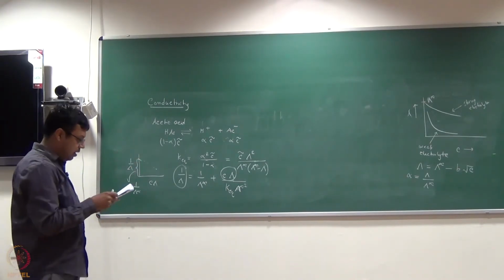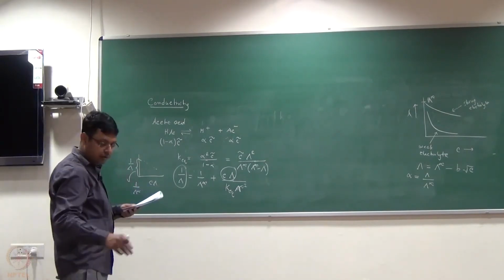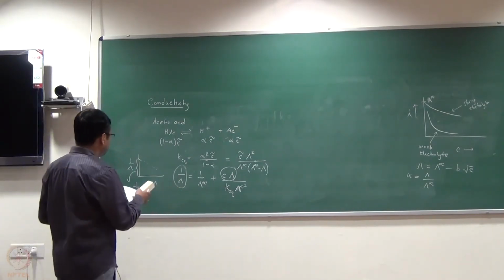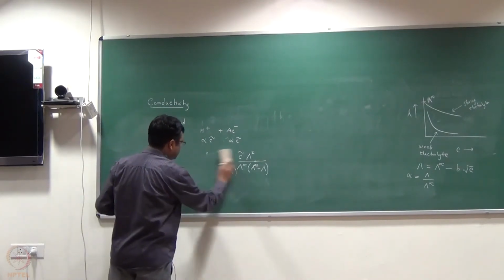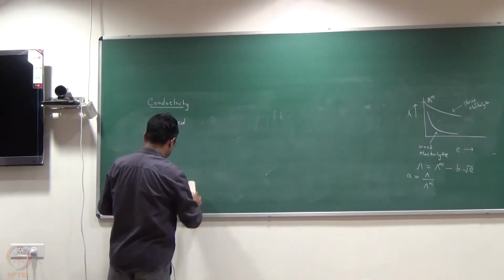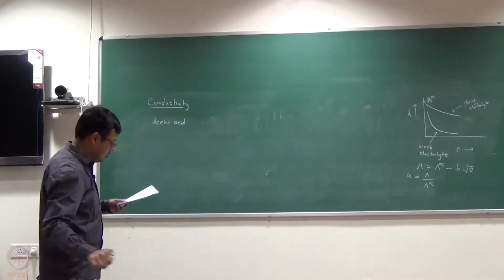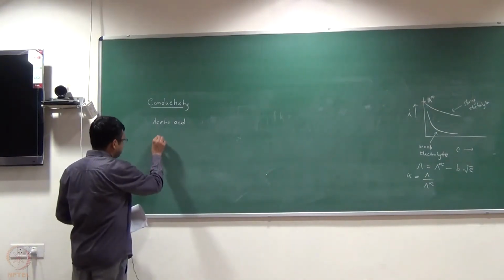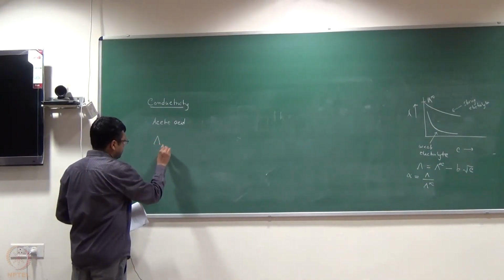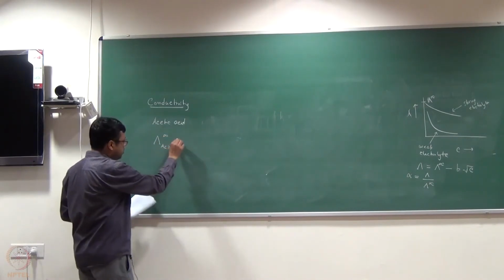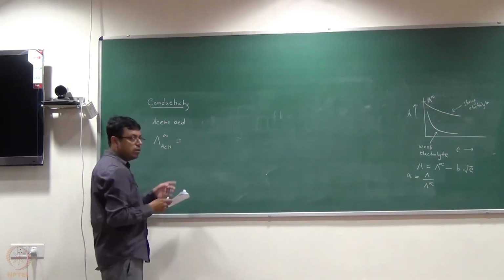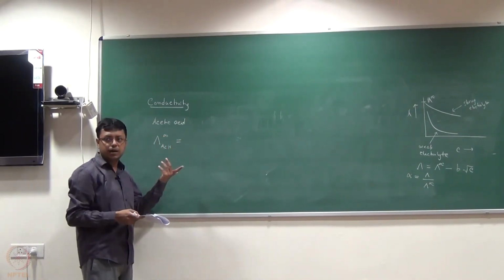Alternatively, I'll show you that we could also have used the Kohlrausch law in a very interesting way. Now what we have is something like, say, for acetic acid, which is HAc. Now I know that that is contributed by what? That is contributed by cations and anions, right?